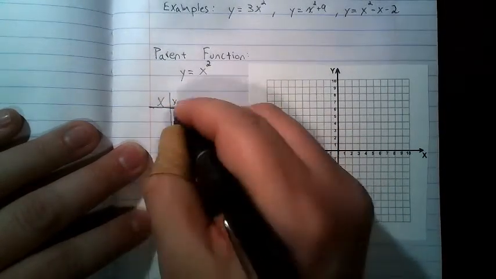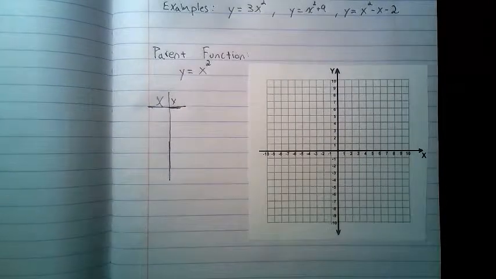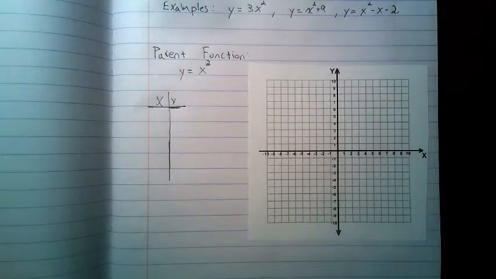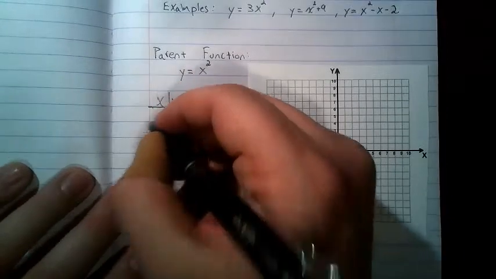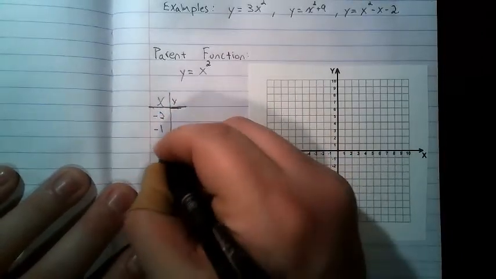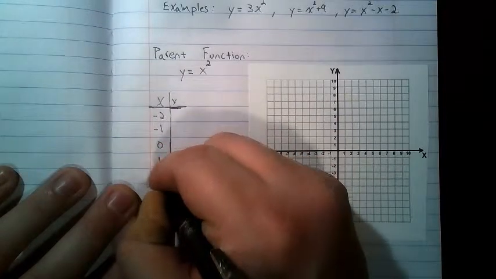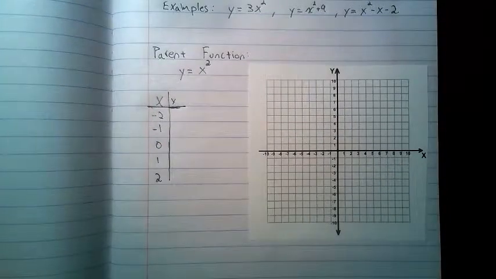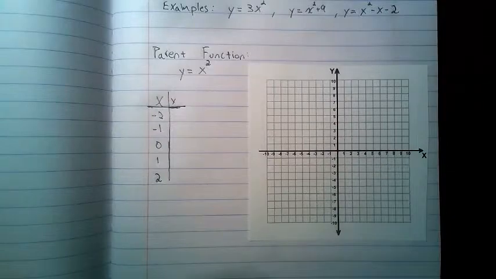If you remember, we did nonlinear functions a while back, and I had you choose 5 values, 2 negative, 0, and 2 positive. We're going to do the same thing here. So let's choose negative 2, negative 1, 0, 1, and 2.